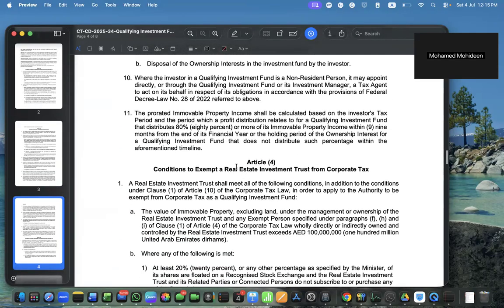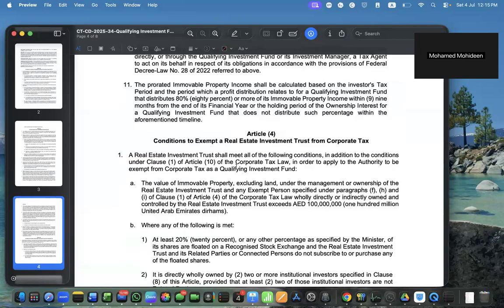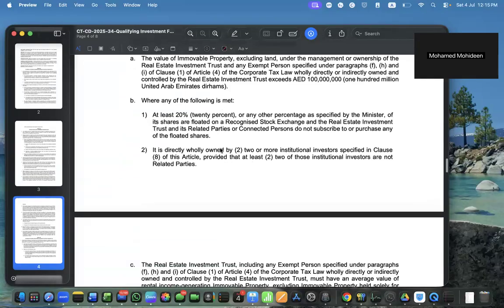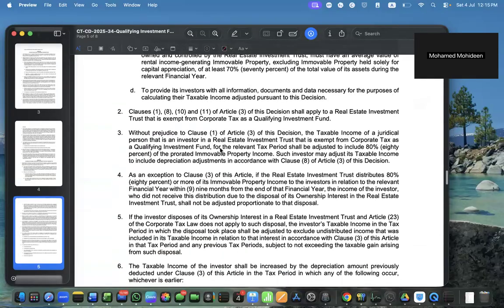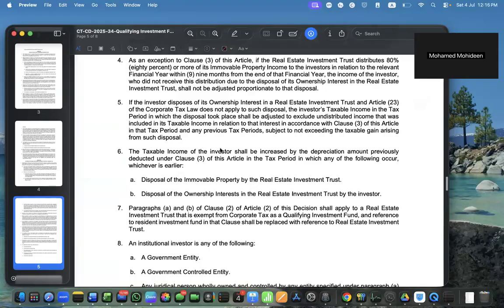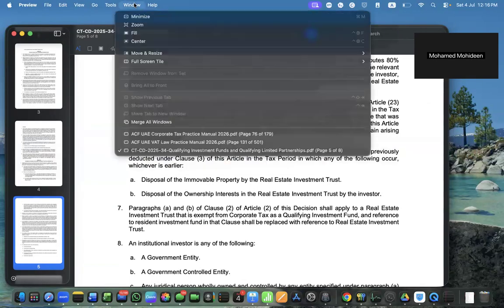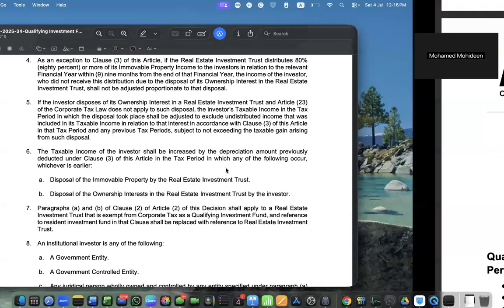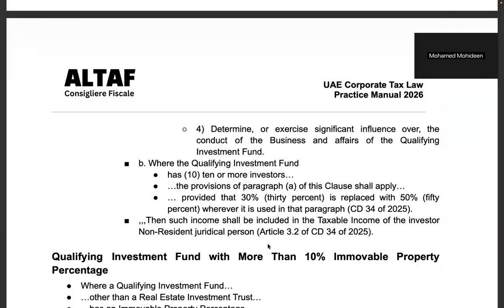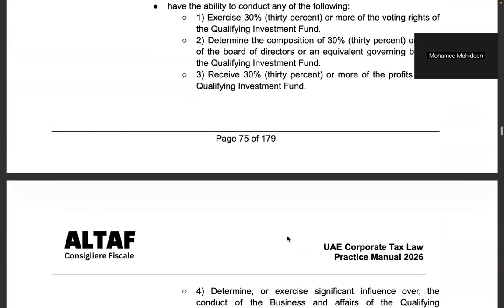What we are looking at is different conditions of exemption from corporate tax. Let me look at the article precisely, and then we're going to read that particular article itself. Hold on a second. Yes, Article 3.